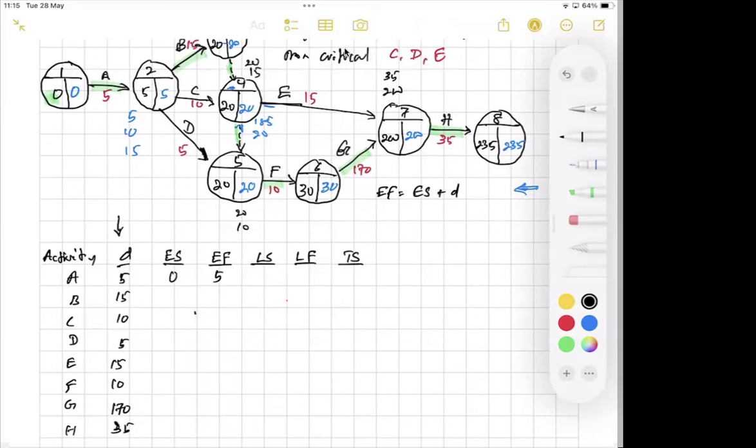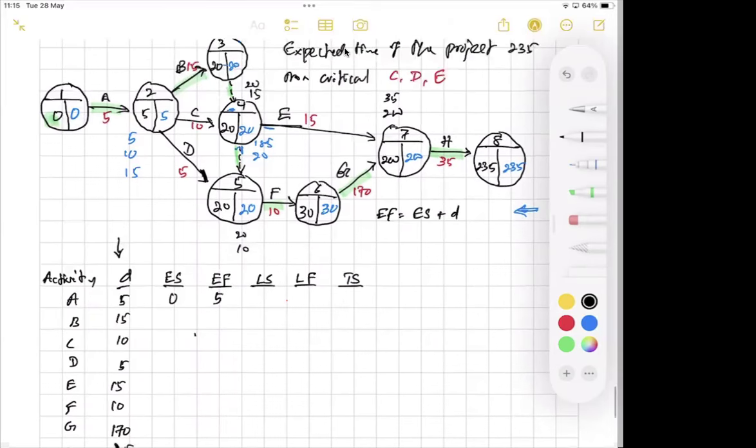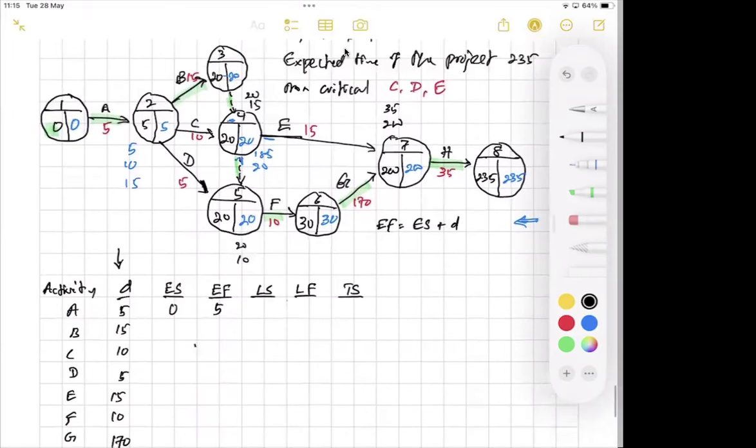Fine. Activity B, right? Look at the activity B tail event. What is the tail event number of activity B? 2. Then the left hand side value 5.